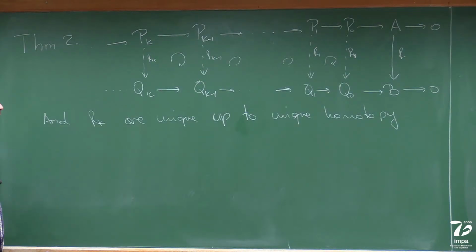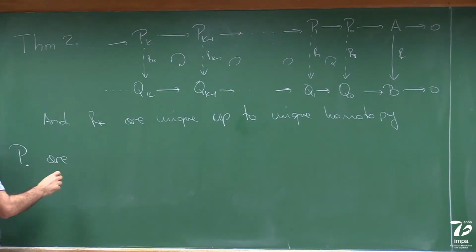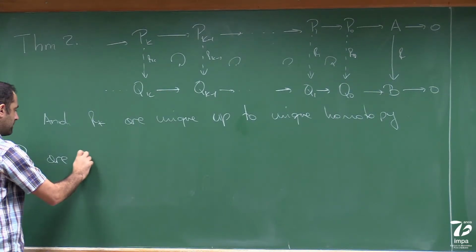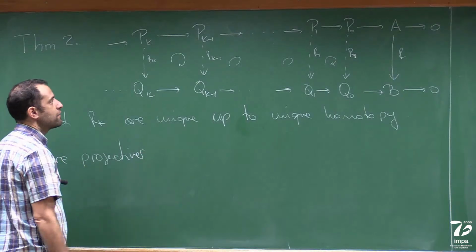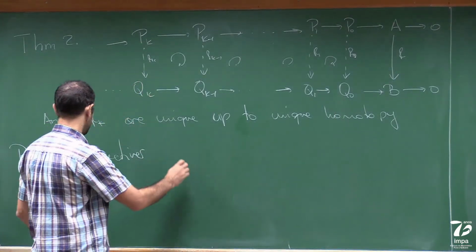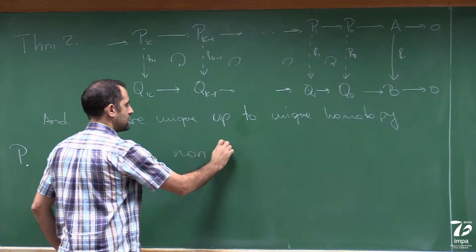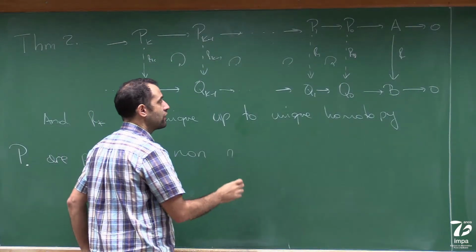And actually, we needed less than this. We needed just that these are projectives. We didn't need the fact that this was a resolution. We never used the fact that it's necessarily a resolution, so not even necessarily a complex.